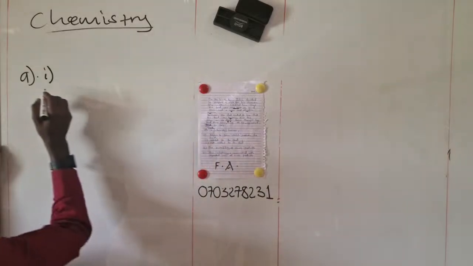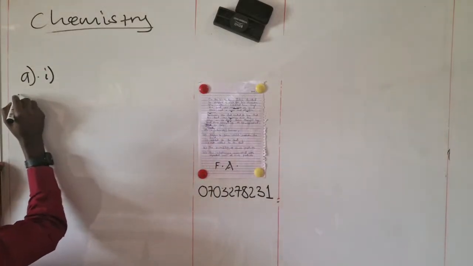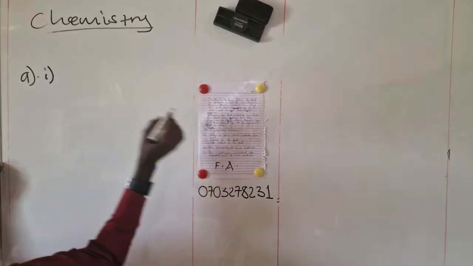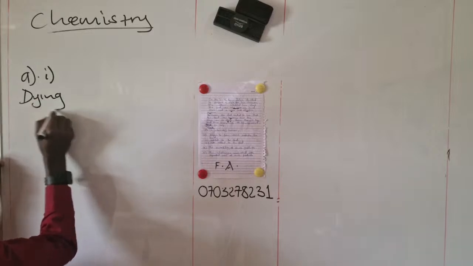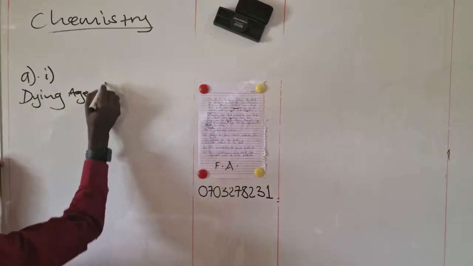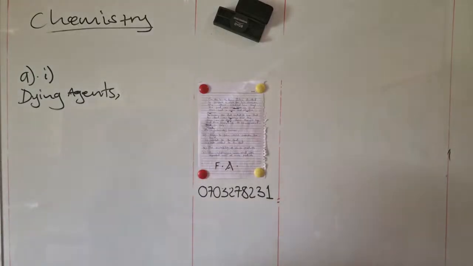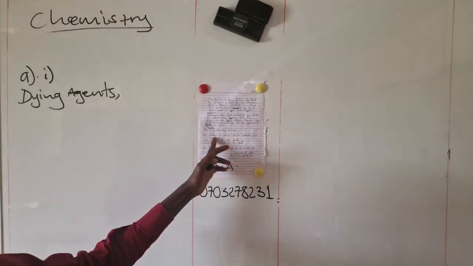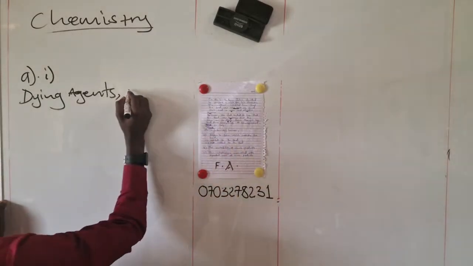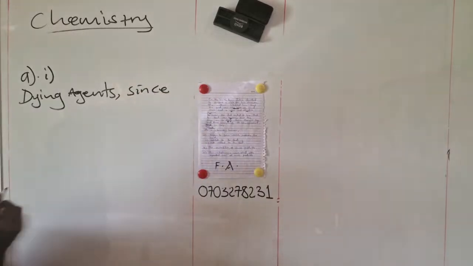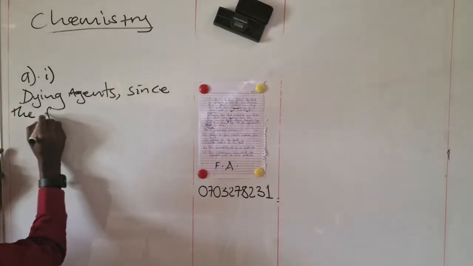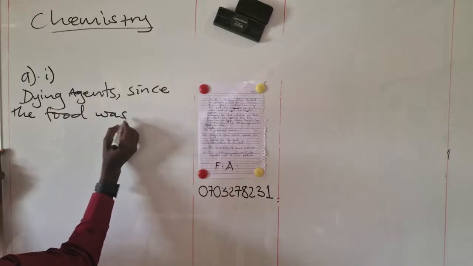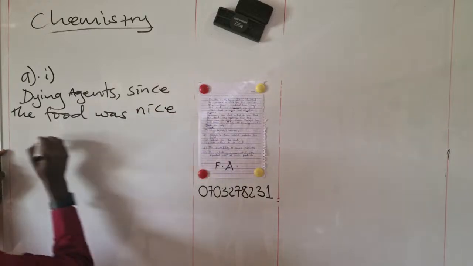So according to the scenario, John added dyeing agents. You also give the reason, don't end there with an example because they told you to explain. So dyeing agents, since the food was nice looking.